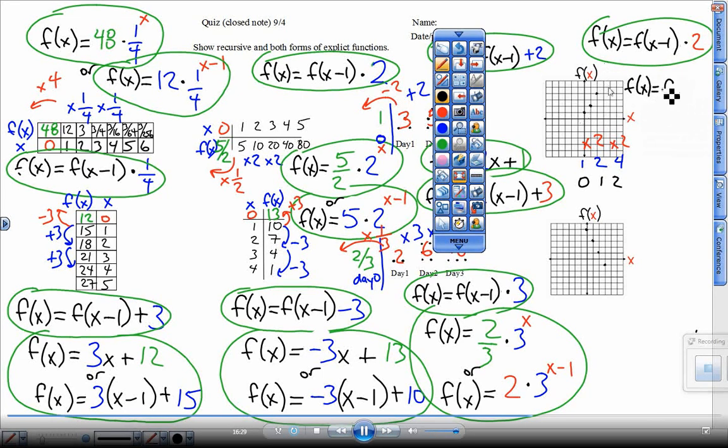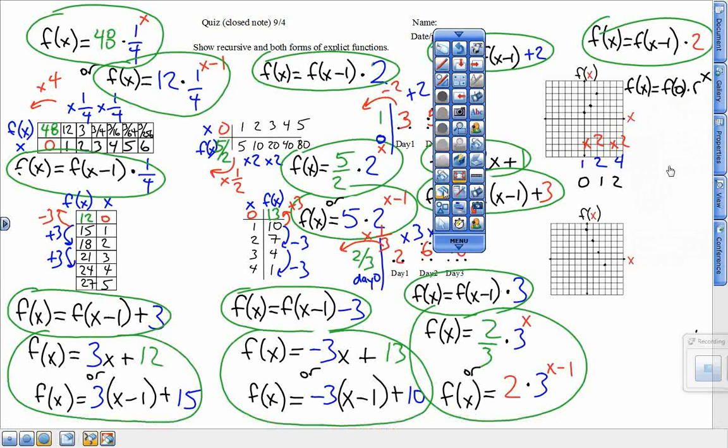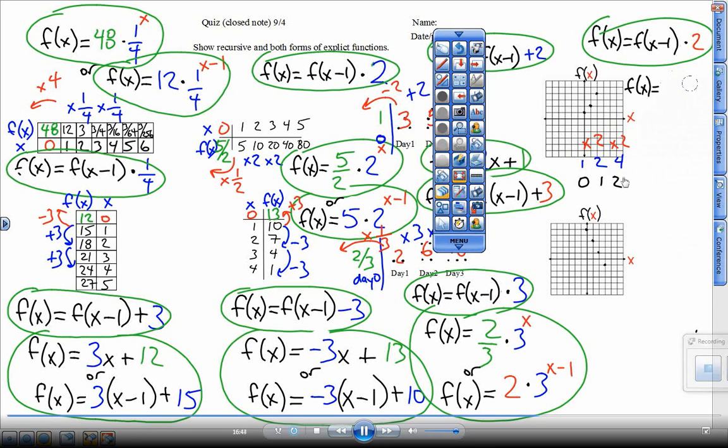Then going backwards, this would be 1/2, 1/4, 1/8. That's how those numbers shrink to the left. To find the explicit, use the 0 term, that 1, plug in that r, gives me the explicit f of x equals that 1 plugged in there for f of 0 times 2 raised to the x power.